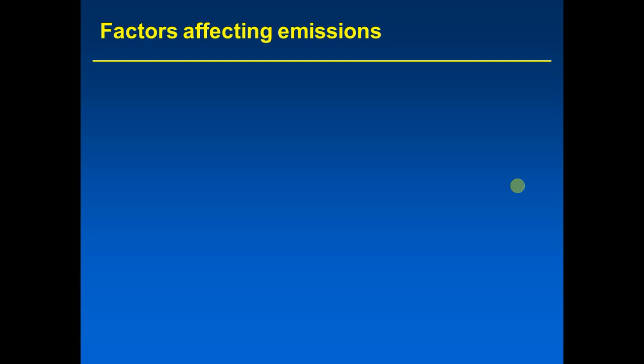So here's a list of some factors. Global population. Okay. Why? Well, the more people on Earth, generally the higher the emissions, okay? That's been the case. As global population has increased, emissions have gone up, okay?